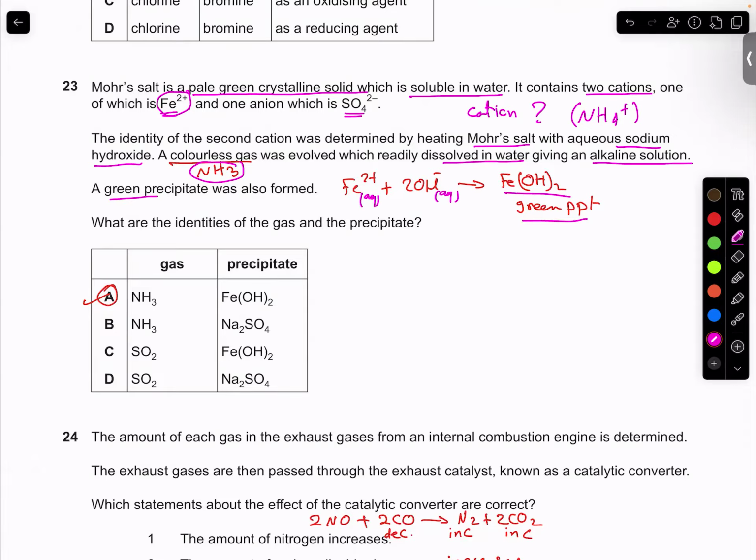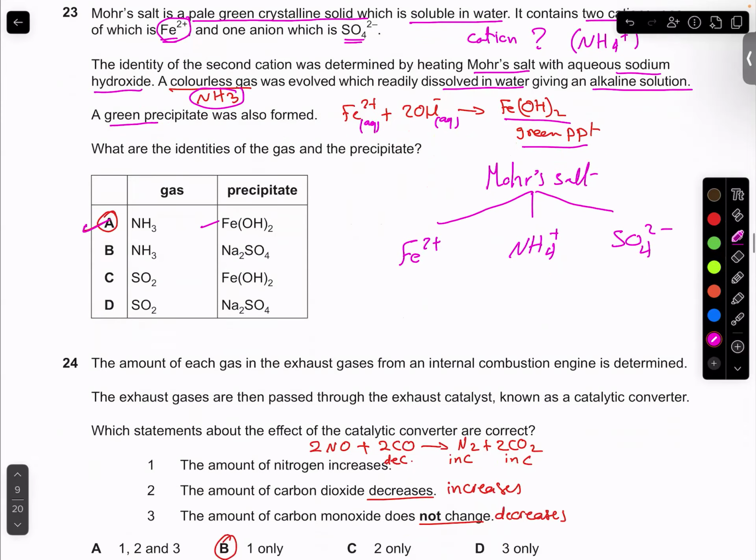So the Mohr salt contains iron(II), ammonium, and SO4. So it's called ammonium iron(II) sulfate. So the gas is ammonia, and the green precipitate is Fe(OH)2.